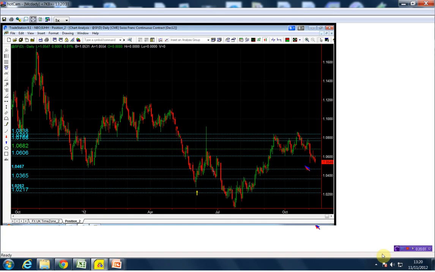So the Swiss will be leading the euro to the upside, and the euro will be leading the Swiss to the downside. So if I'm looking for selling, I'm taking the sell out of the euros, and it's going to drag the Swiss with it to the downside.